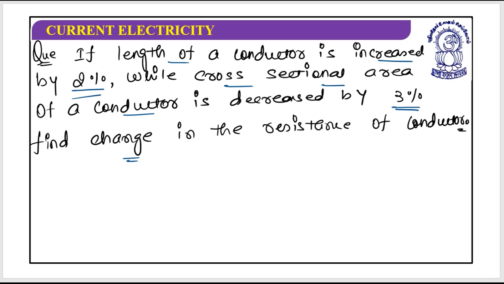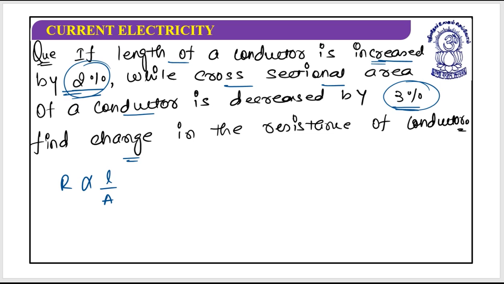So you must stick to the basic relations: R is directly proportional to L and R is inversely proportional to A. The changes they have given, increased or decreased, are all less than 5%.